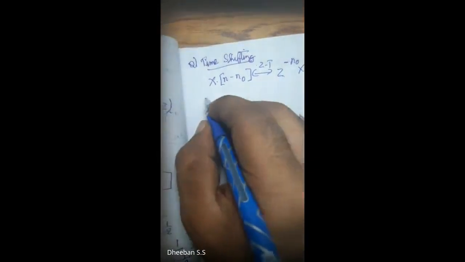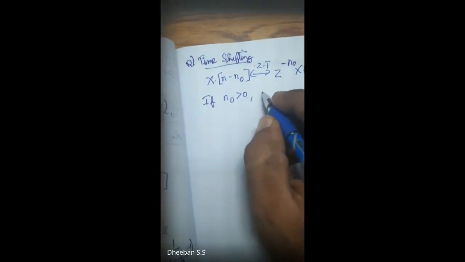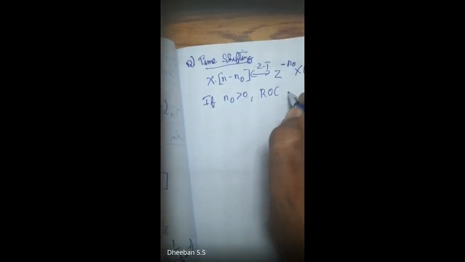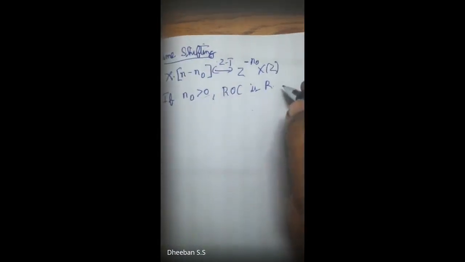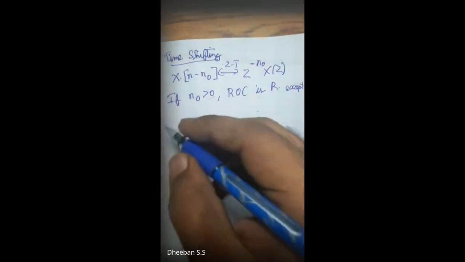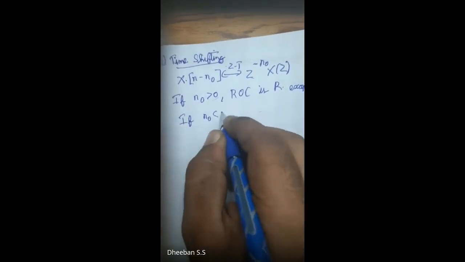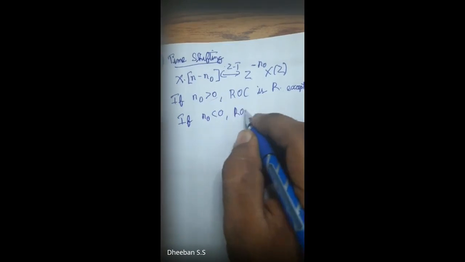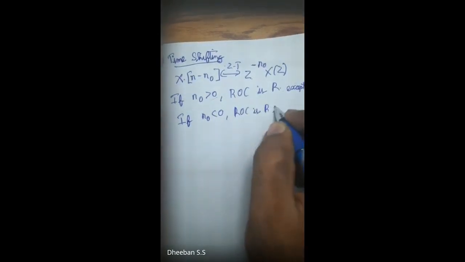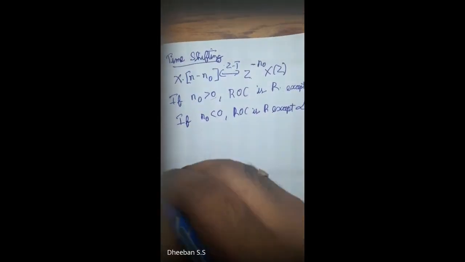If n naught is greater than 0, then the ROC is R except 0. The same thing, if n naught is less than 0, then the ROC is R except infinity. The same thing we have seen with respect to the impulse function.